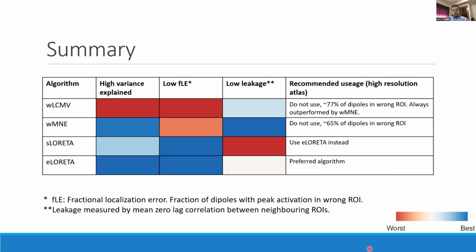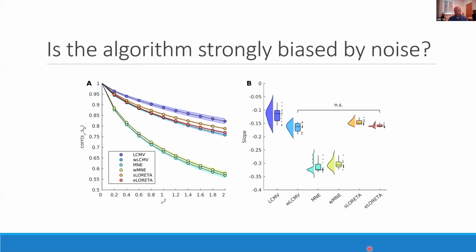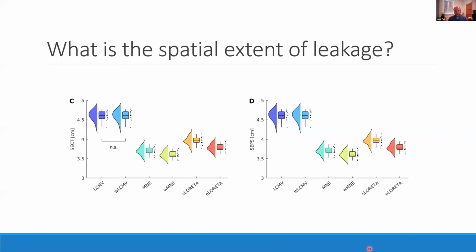Okay, maybe just one last question. How do you think this will generalize to EEG data? Would it be the same? I think so. There have been some people looking at this with the resolution metrics. It's quite dependent on the density of the EEG.